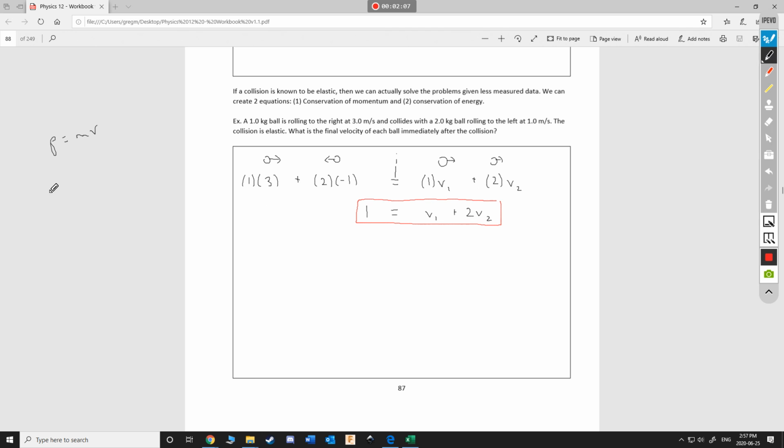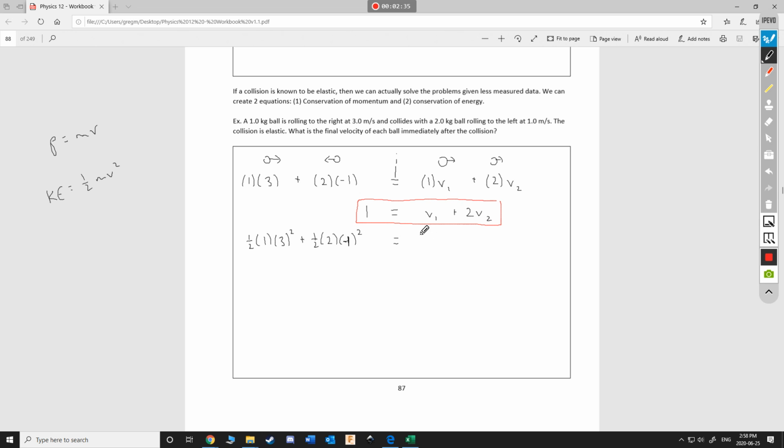Can't solve for it. So now we have to recognize that kinetic energy is equal to 1/2 mv squared. So when we write this out, object 1: 1/2, mass is 1, velocity is 3, we're going to square it. Object 2: mass is 2, velocity is 1, we're going to square it. It's negative 1, but I don't really care because that negative is going to become positive when we square it.